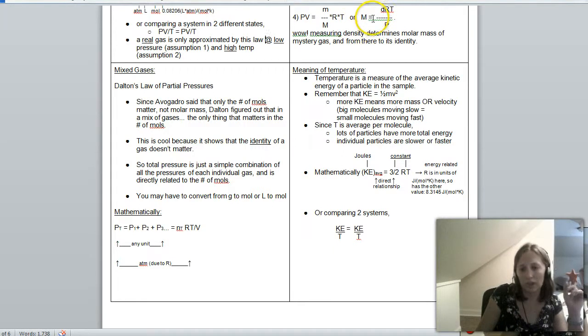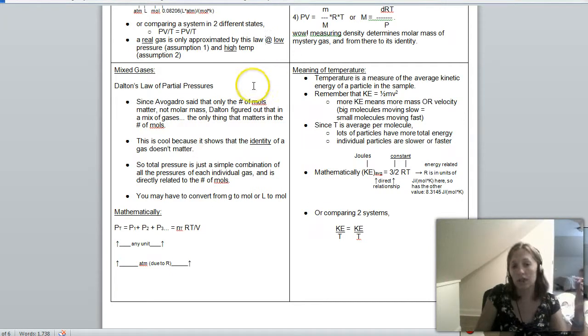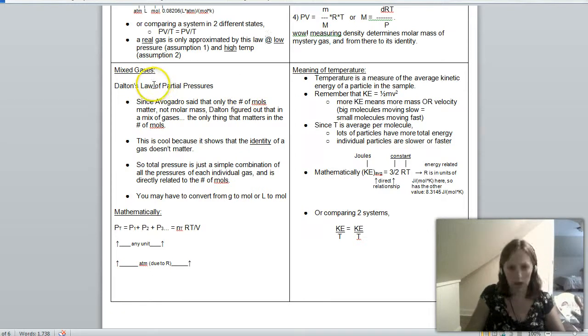Next thing, we have a potpourri of topics on this page, which is mixtures of gases. The typical example of a mixture of gases is air, which we breathe. We've got Dalton's Law of partial pressures, where Dalton was wondering what matters when you have a mixture of gases in terms of how much pressure each one is contributing to the total pressure.